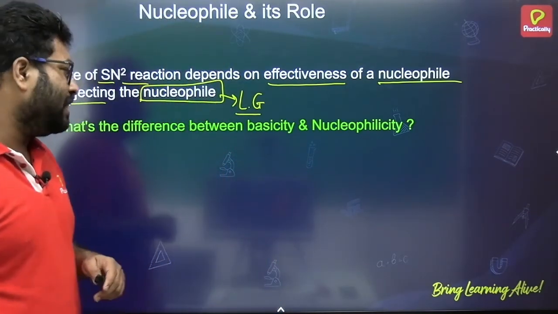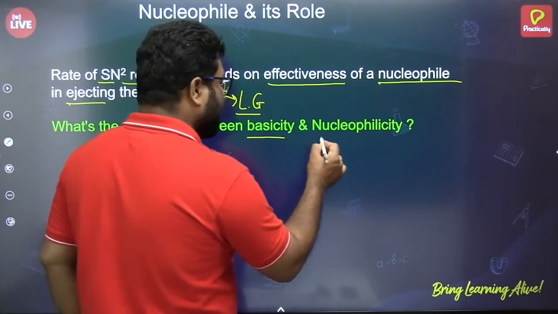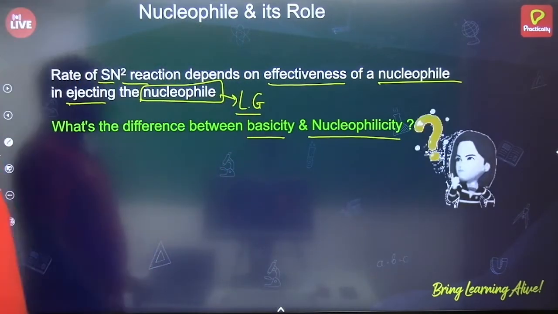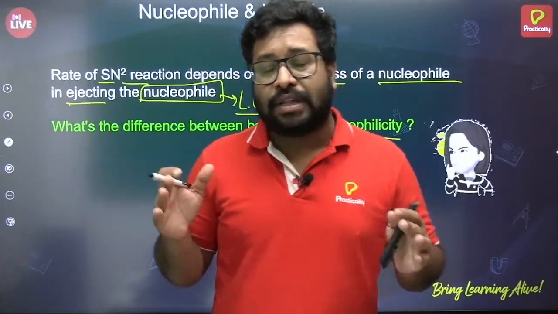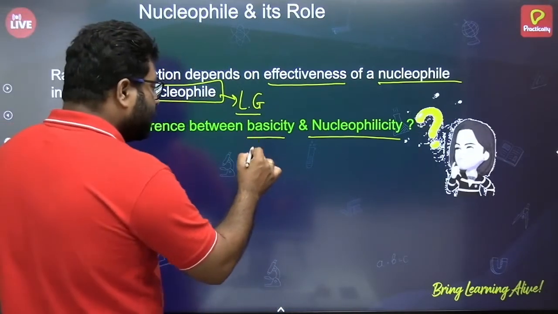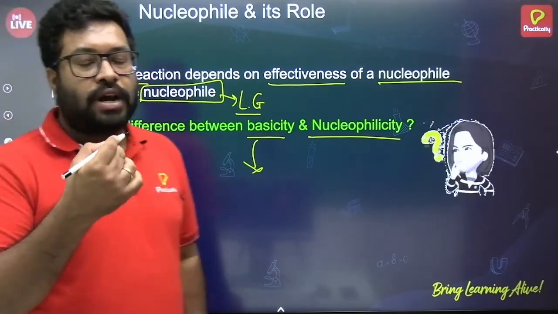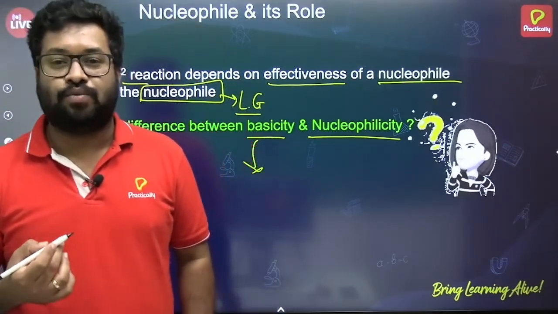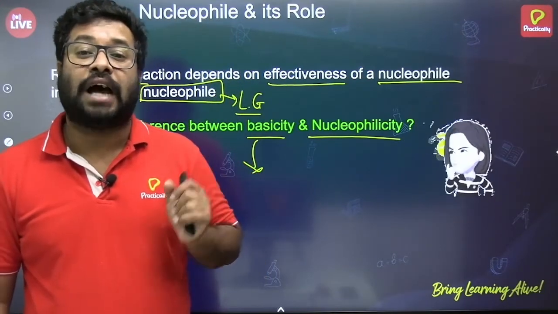So my question here is, what's the difference between basicity and nucleophilicity? See, the line between them is very, very fine. Why? Because basicity decides what? Basicity decides whether your negatively charged species attacks on carbon or abstracts the hydrogen.